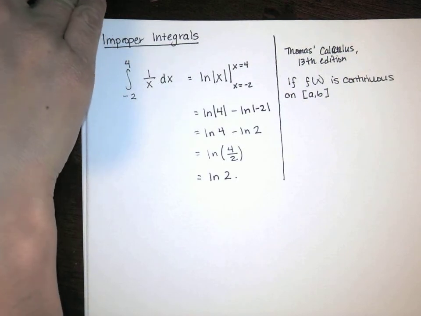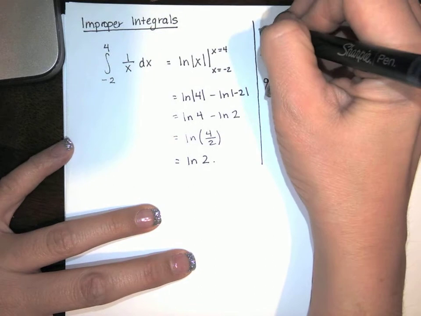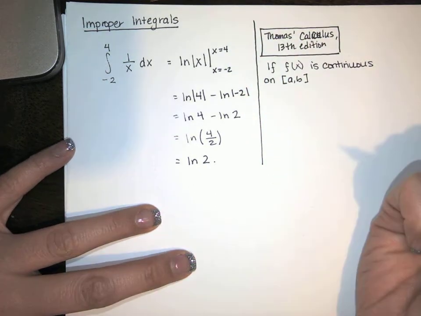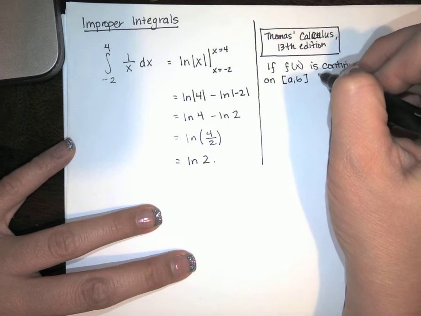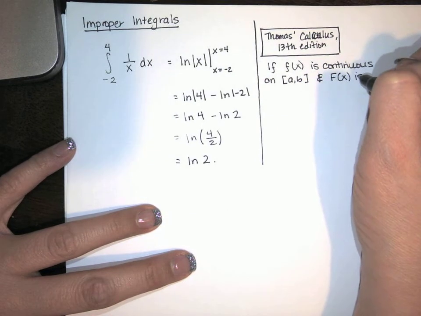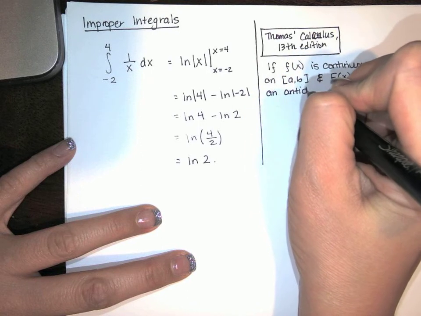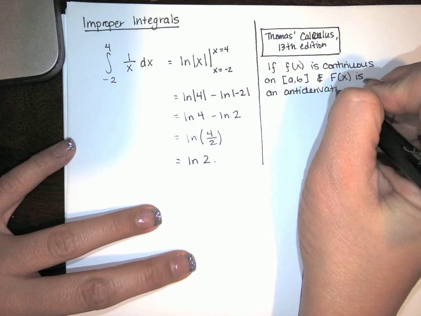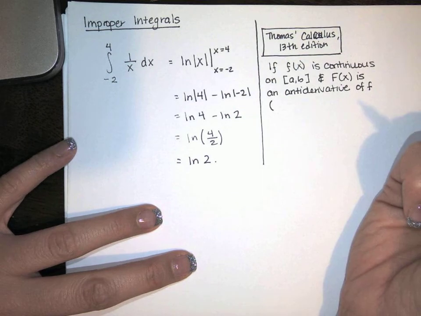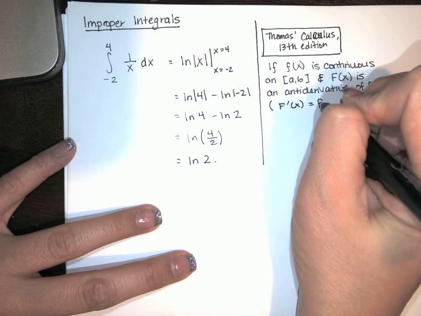We'll leave that for another course, but in Thomas's book, he says if f is continuous on the interval from a to b, and capital F is an antiderivative of f, that just means that if you take the derivative of capital F, you get little f back.